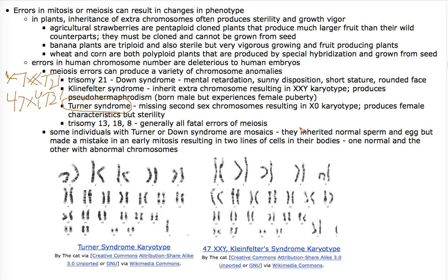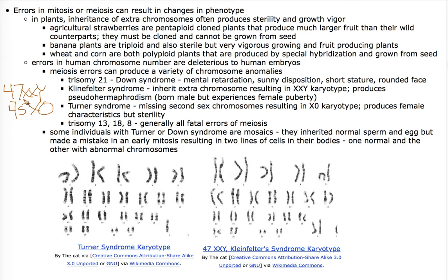Those would be girls and boys with Down syndrome. Klinefelter syndrome is 47XXY. Now, those individuals, like I said, are born boys, and they are a mix at puberty. Turner syndrome is 45XO.